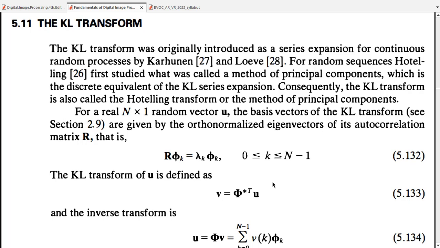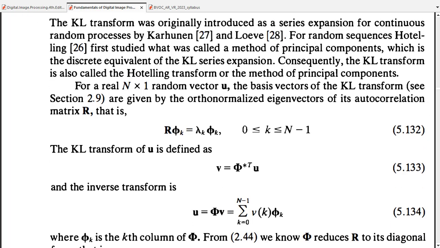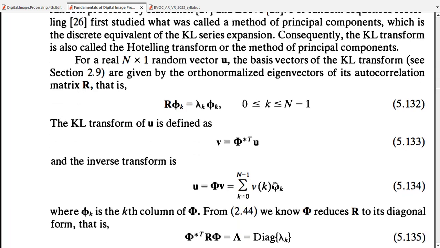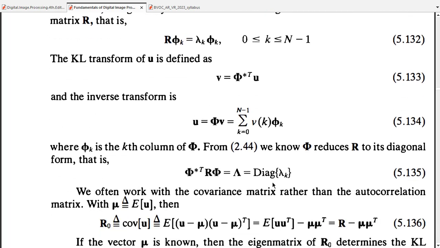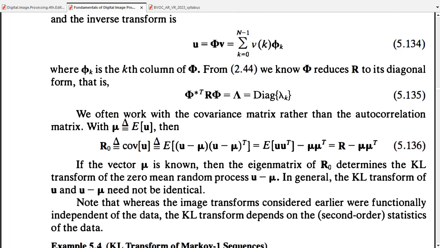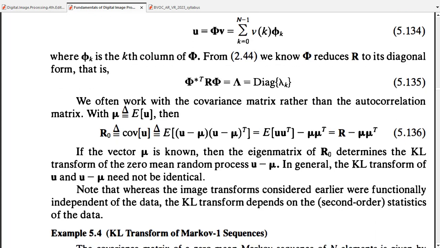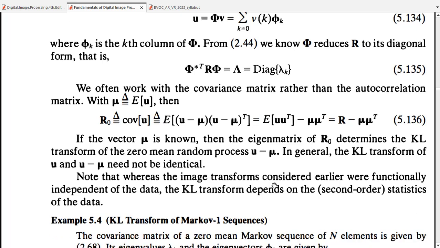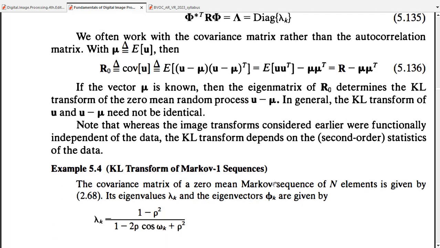For a real n by 1 random vector u, the basis vectors of the KL transformation are given by the orthonormalized eigenvectors of its autocorrelation matrix R, that is, R phi_k equals lambda_k phi_k. The inverse transformation has the kth column phi_k, and the matrix Lambda is the diagonal of lambda_k, which is the representation of the KL transformation.